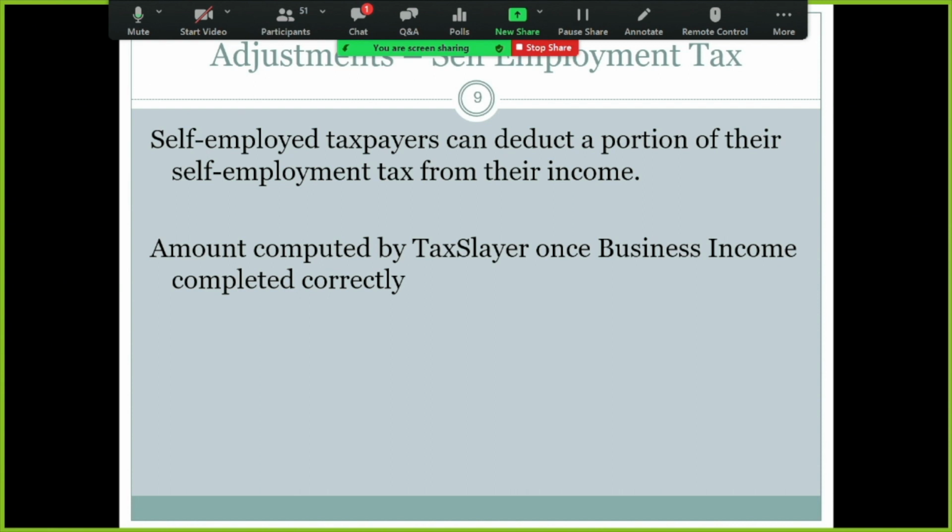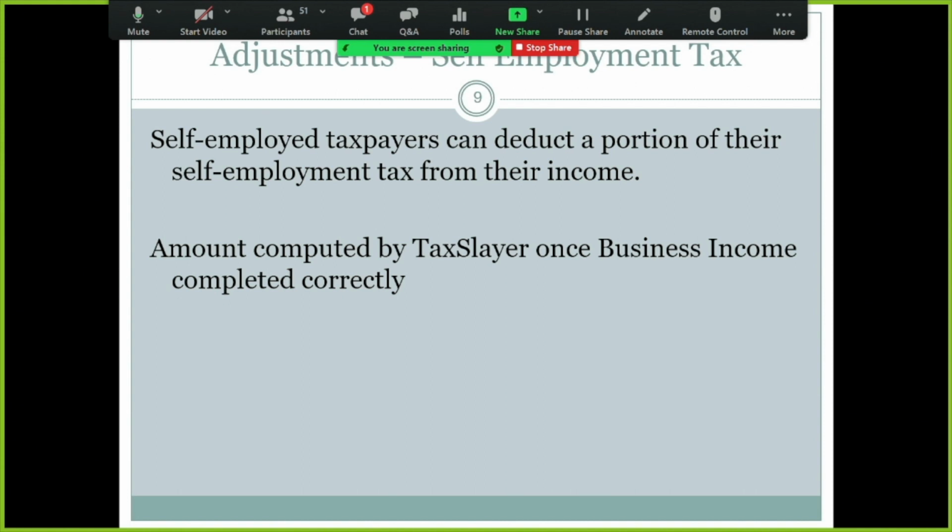Another adjustment that we'll take a look at is the self-employment tax. As we mentioned earlier, self-employed individuals are not covered by withholdings as employees are. So they have to pay what we call a self-employment tax.